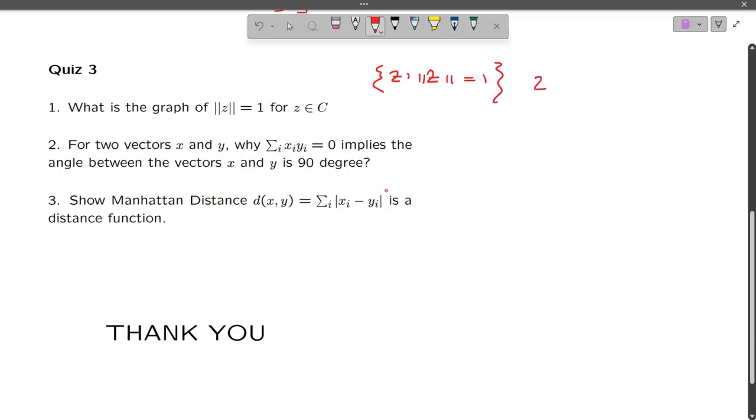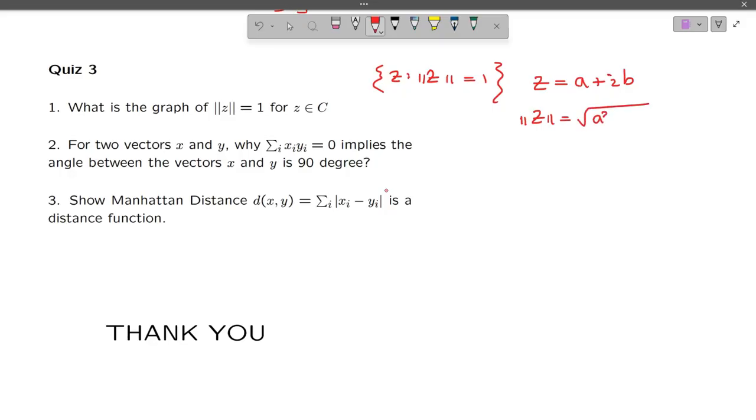If I write z as a complex number a plus ib, then norm z is nothing but the root of a square plus b square.